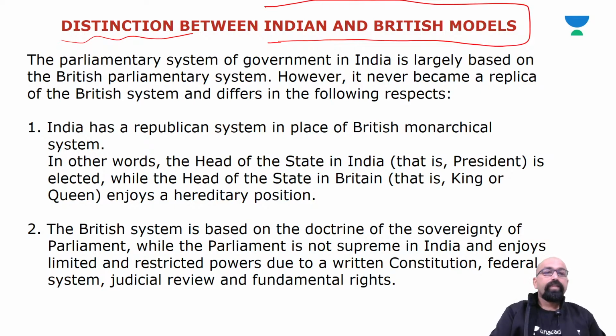Like, India has a republican system in place of British monarchical system. In other words, the head of the state in India, that is president, is elected, while the head of state in Britain, that is king or queen, enjoys hereditary position. So this is the major difference or distinction between Indian and British parliament system.